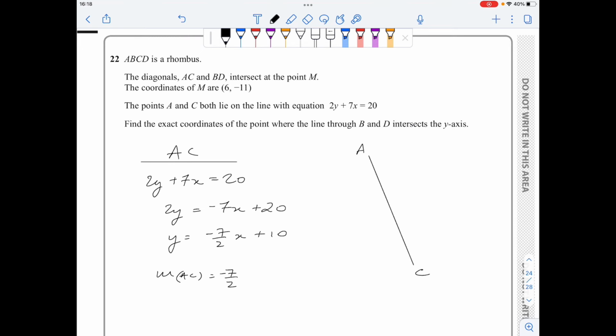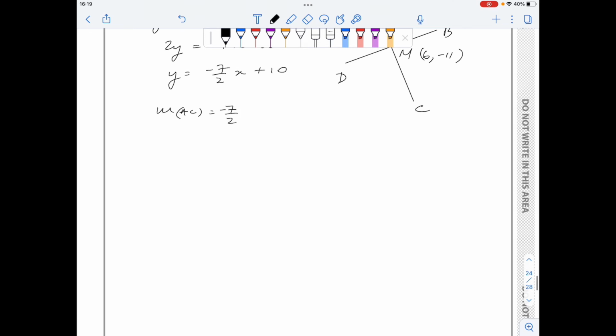And since the diagonals of the rhombus are perpendicular, then the diagonal BD should be something like this. We also know that the diagonals intersect at the point M with coordinates (6, minus 11). So now I'll use the following fact.